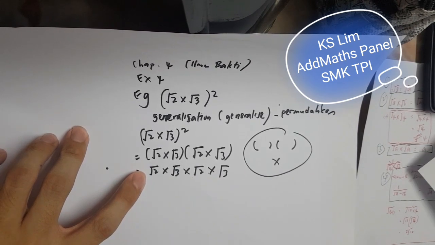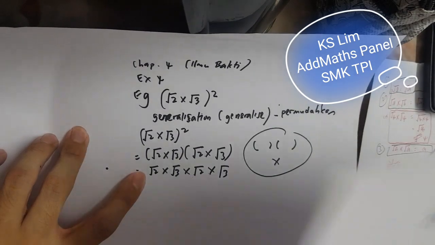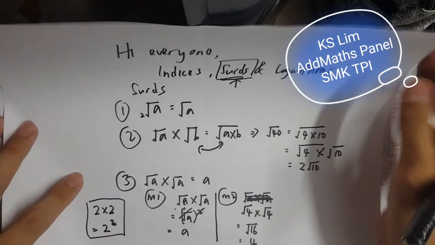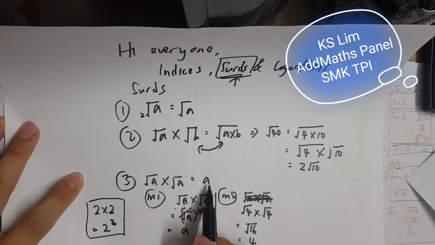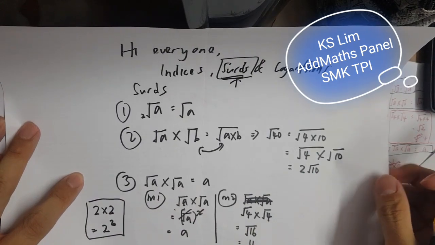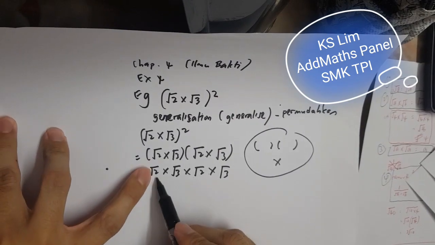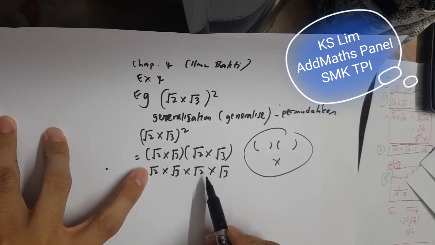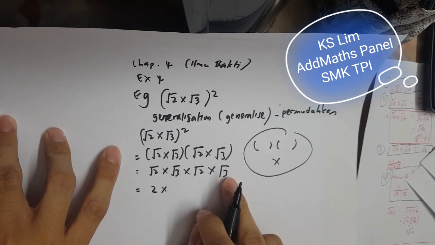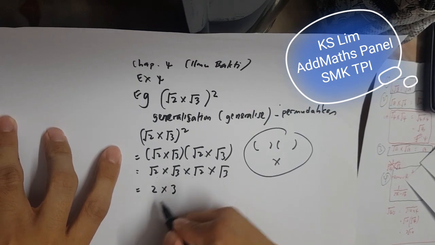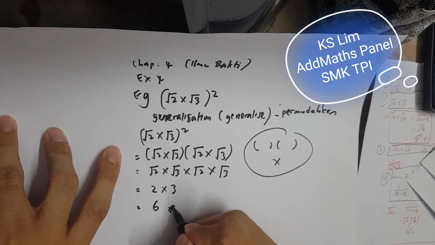If you look at this one, concept 3: square root a multiply square root a equals a. Square root 2 multiply square root 2, you get 2. Square root 3 multiply square root 3, you get 3, then it equals 6. That is your answer.